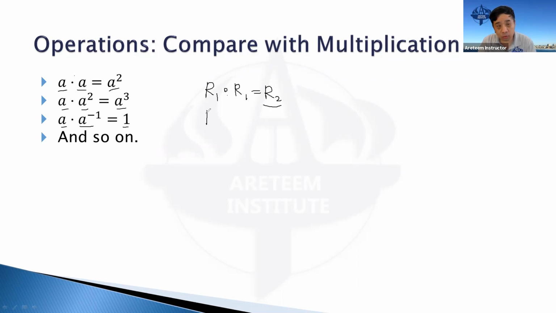Then if you keep going, after R2 you do another R1, you get R3, and so on. Of course, with normal multiplication, the fourth power doesn't equal 1. But that's okay, that's something we compare.